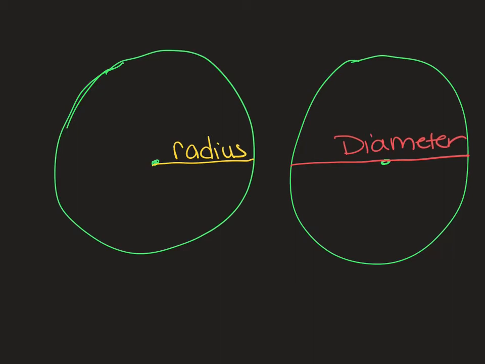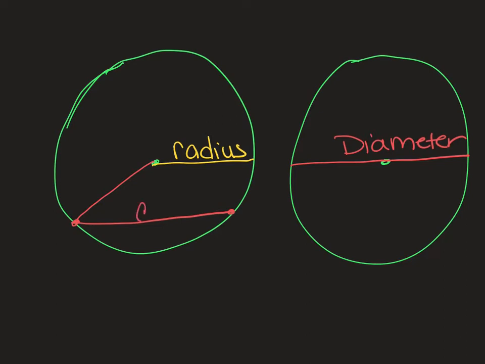Now, the diameter is a line, let me back up here. If you have a line from here to here, does anybody know what that line is called? Chord.